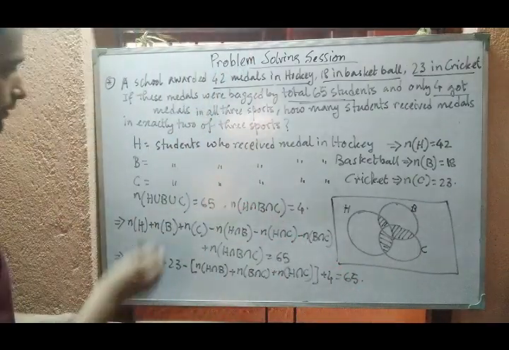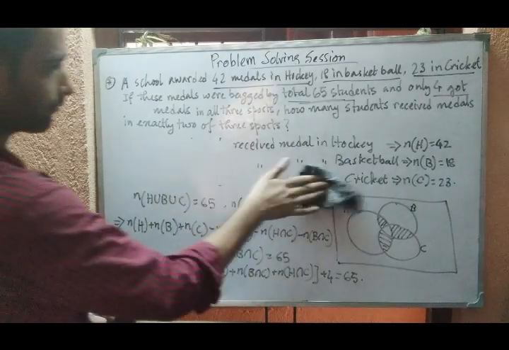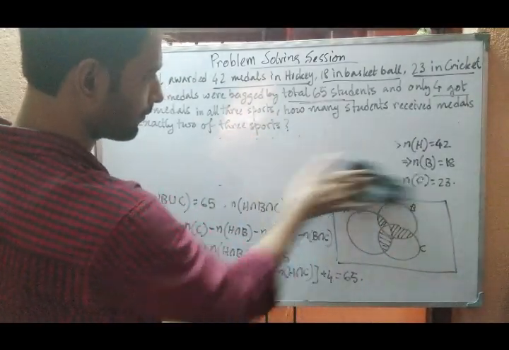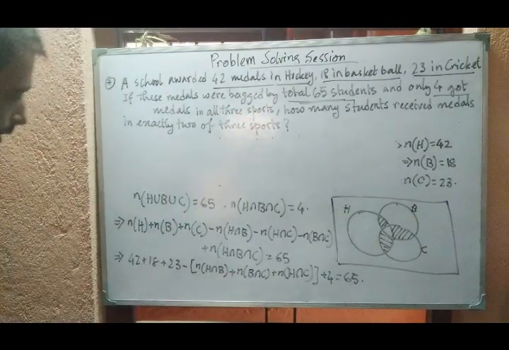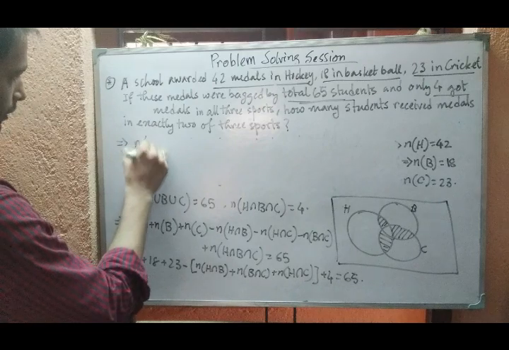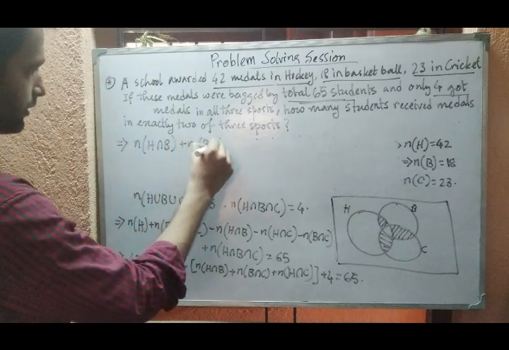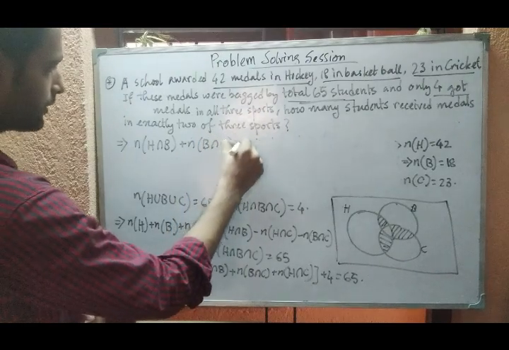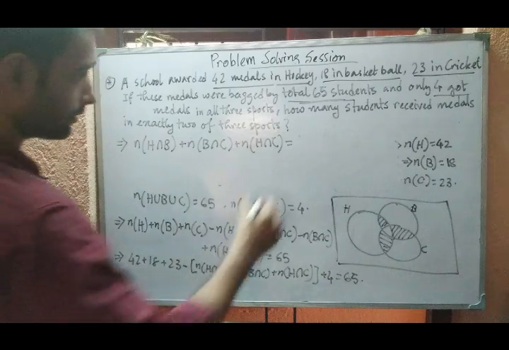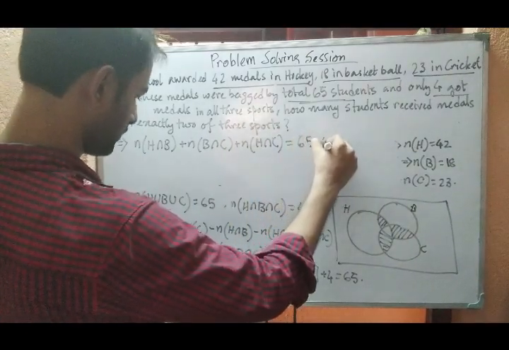So let us see what is coming then. So then we can say n of H intersection B, n of B intersection C plus n of H intersection C is equal to this quantity, 65 minus 4.